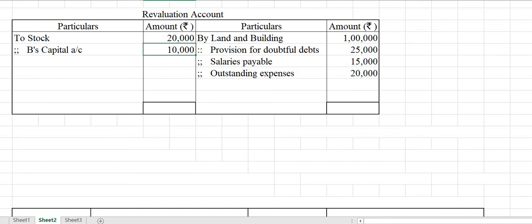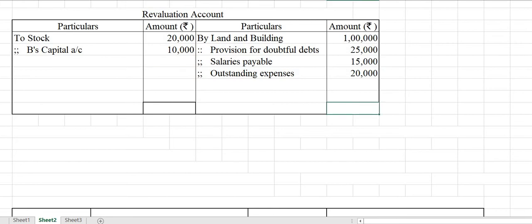He had to carry out all the revaluation work, and for that his remuneration was fixed. So that only has the relation with the firm. So only that amount we will write. No need to write his personal expense of 4,000 rupees. So the journal entries to be recorded in the revaluation account, so far it is over.